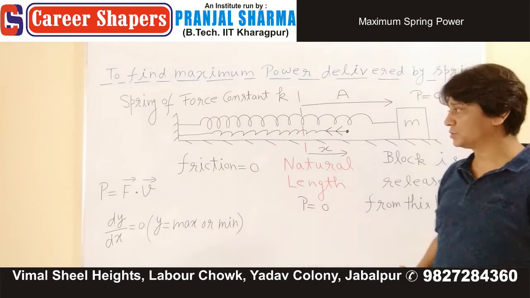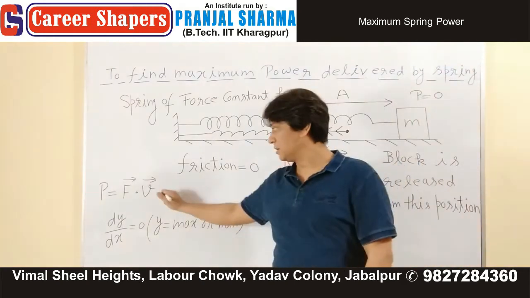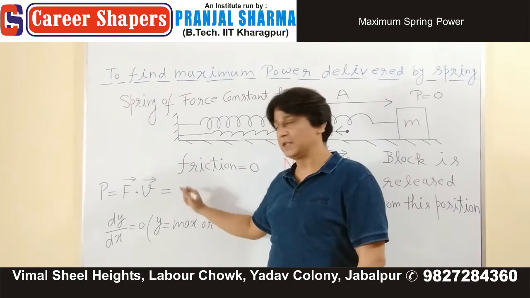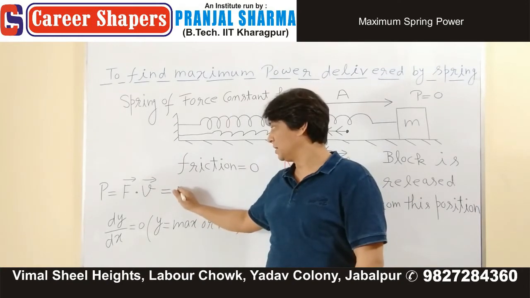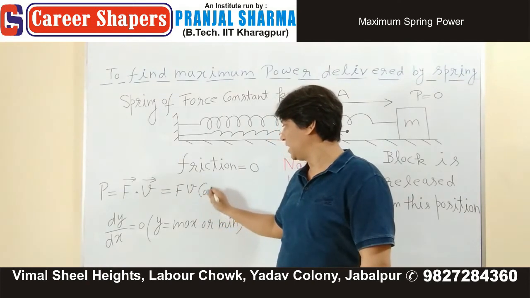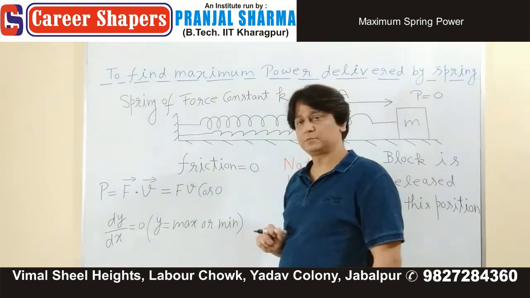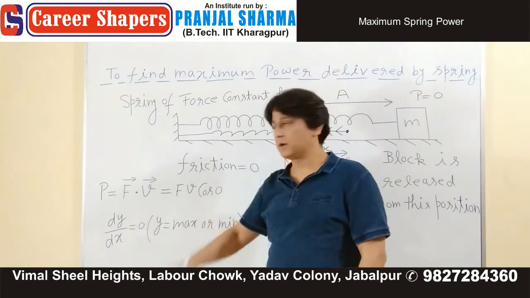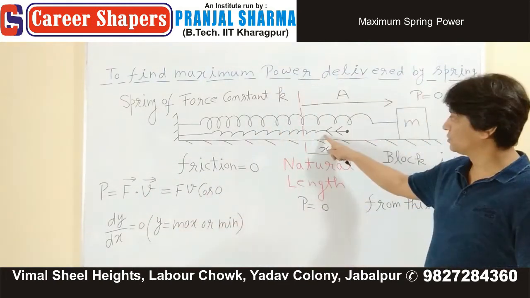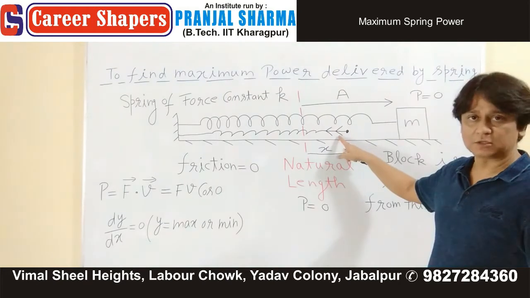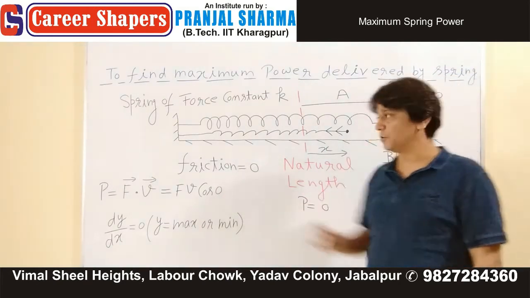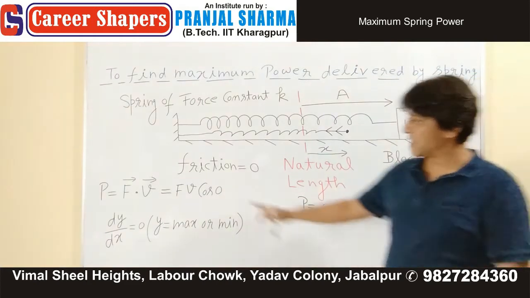So force and velocity, they both are in the same direction, which tells us simply force V multiplied by cos 0. When you open dot, you need what? Angle between force and V. Direction of force and direction of velocity over here, they both are same, which makes it what? 0.